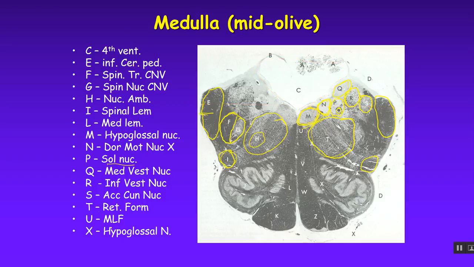A couple more things. Right here and right there is the medial longitudinal fasciculus. Remember, it goes down into your first few cervical segments to innervate upper back and neck muscles.